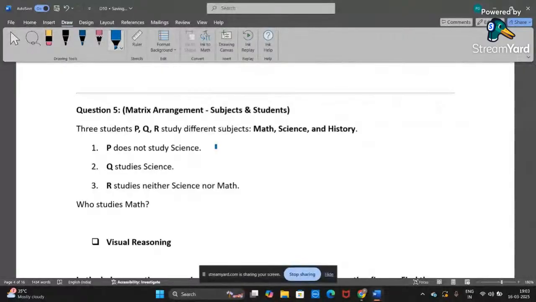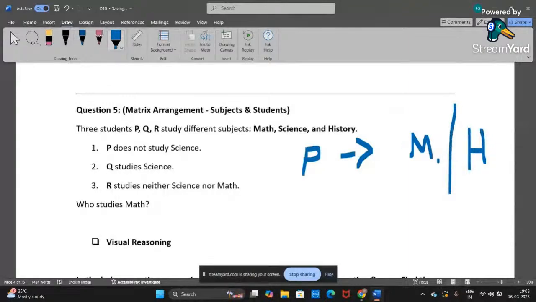Three students P, Q, R study different subjects: math, science, history. P does not study science. If he does not study science, it means he was studying maths or history. In this, any one of the subjects he is studying.